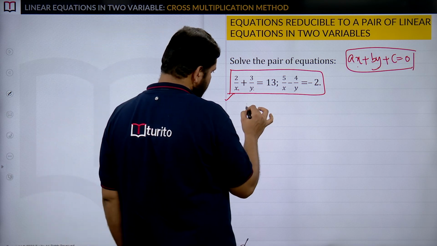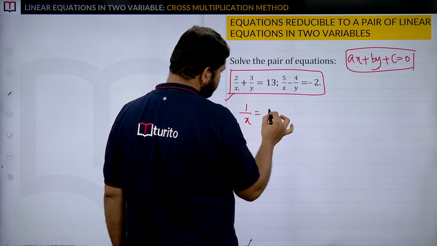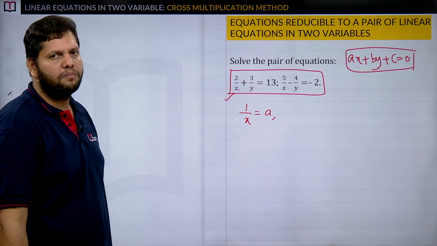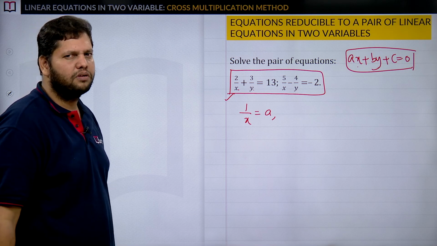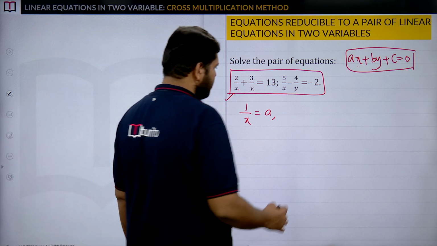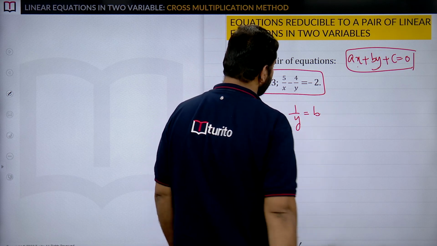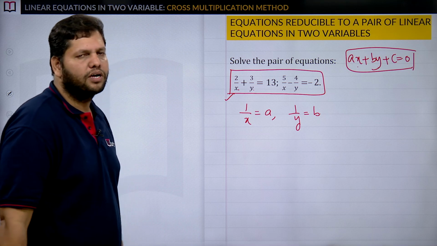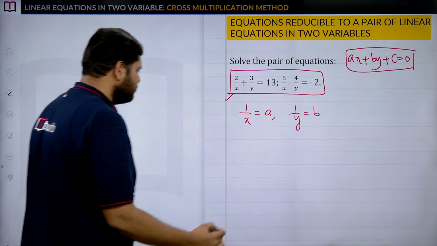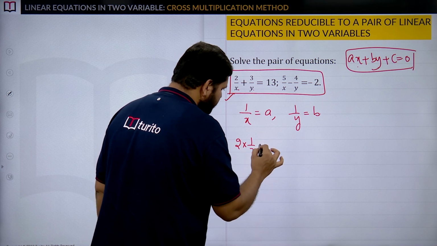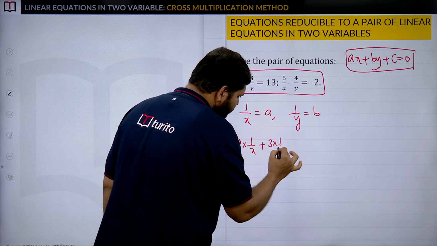Okay, let us see, children, how we are going to solve this. First, I am taking 1 by x is equal to, you can take some variable, a. Then 1 by y is equal to b. Okay, then children, substitute here. So this is 2 into 1 by x plus 3 into 1 by y.